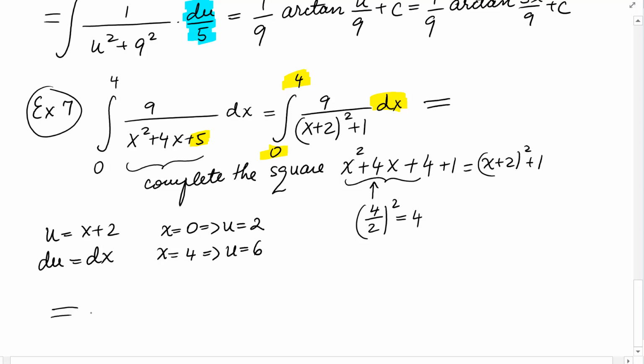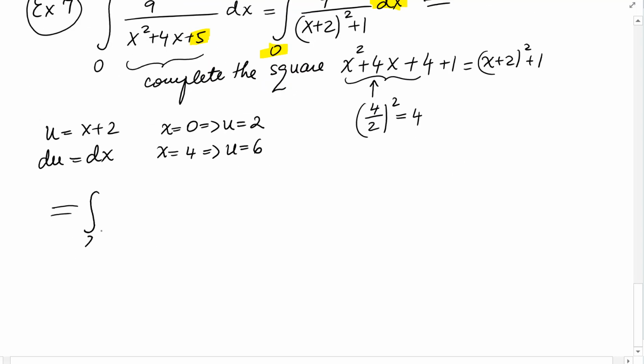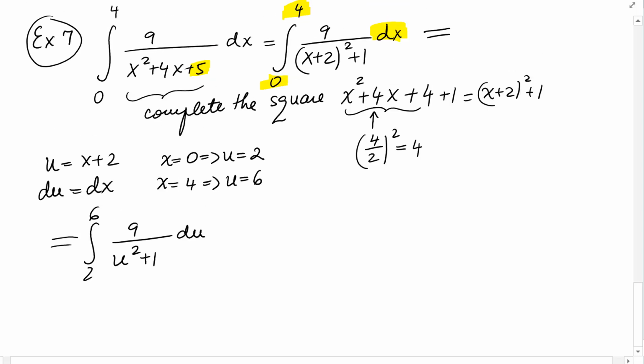So this integral becomes the integral from 2 to 6 of 9 over u squared plus 1 du. Right, I replaced everything in it. This x plus 2 was the u, and then the dx was replaced with just du. So this one is equal to 9 in front, then we get arctangent of u evaluated from 2 to 6.